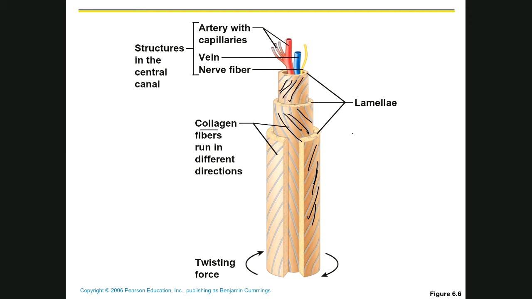And that's because we need to be able to withstand tension or pressure in different directions. So because they run in different directions, we can withstand pressure in different directions. So it resists tension in different directions. It resists pressure, and so it makes the bone stronger than it would be if they all ran in the same direction.